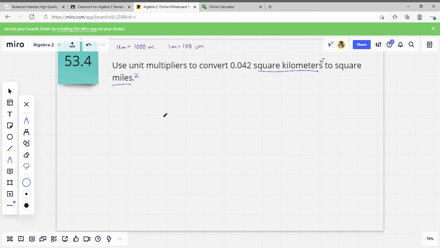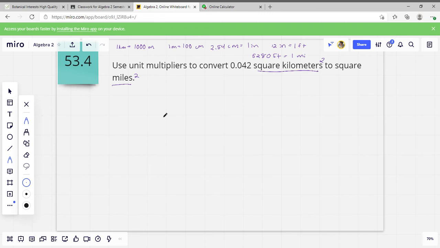And then 1 centimeter equals, nope. We've got to get over to the imperial. So 2.54 centimeters equals 1 inch, and then 12 inches in 1 foot, and then 5,280 feet in 1 mile. All right, so those are all the converters we're going to have to use, and we're going to have to double all of them. So this is going to be crazy.